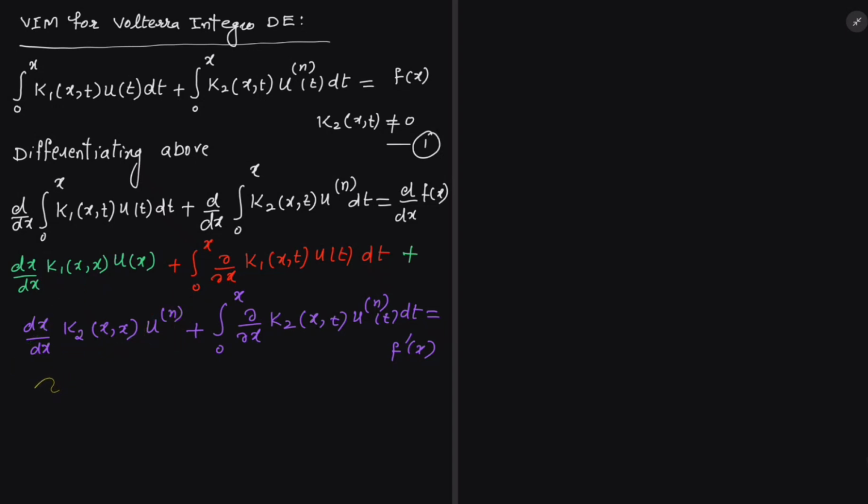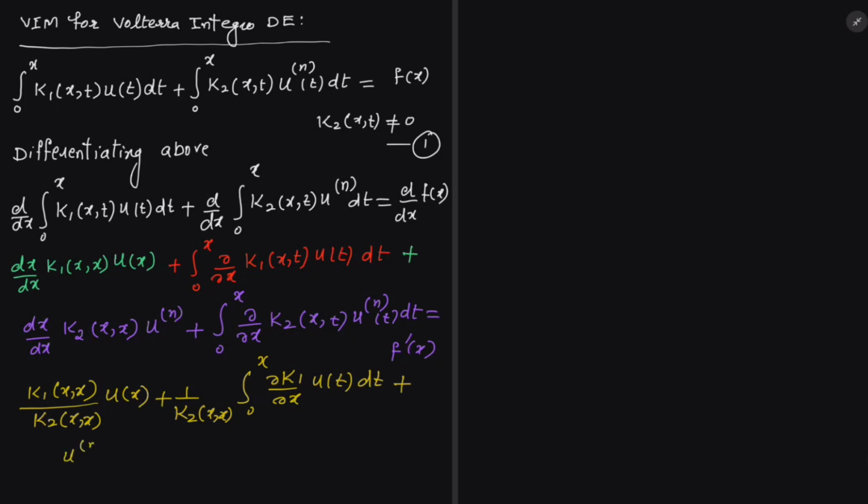So we get k1(x,x) divided by k2(x,x) u(x), plus 1 over k2(x,x) times the integral from 0 to x of partial k1 by partial x u(t) dt, plus u nth derivative, plus the integral from 0 to x of partial k2 by partial x nth derivative dt.